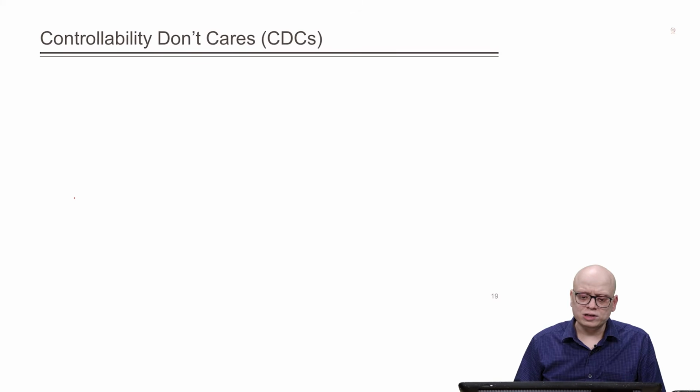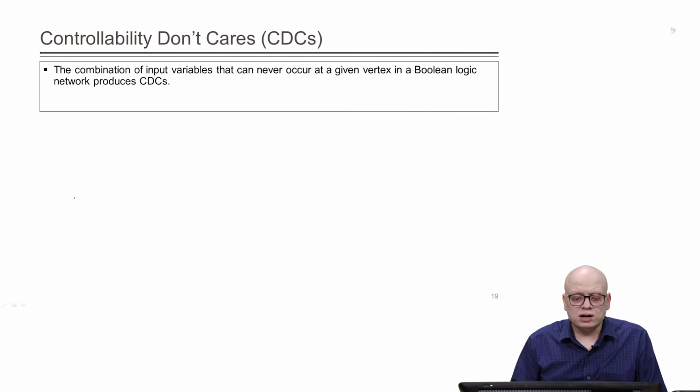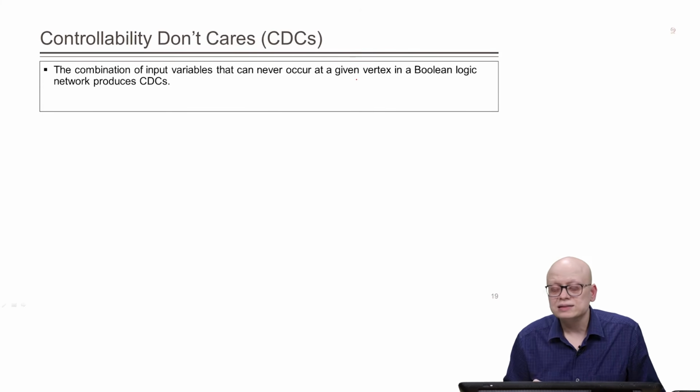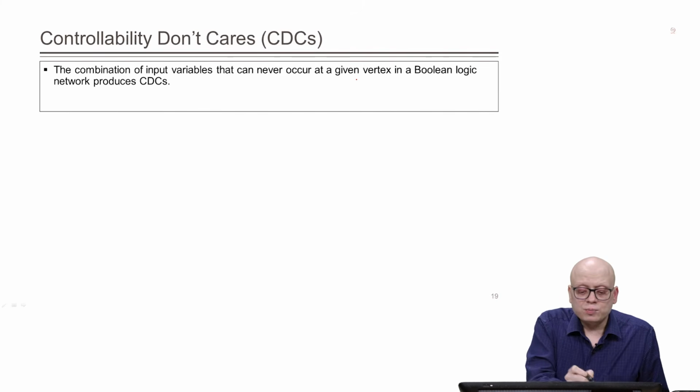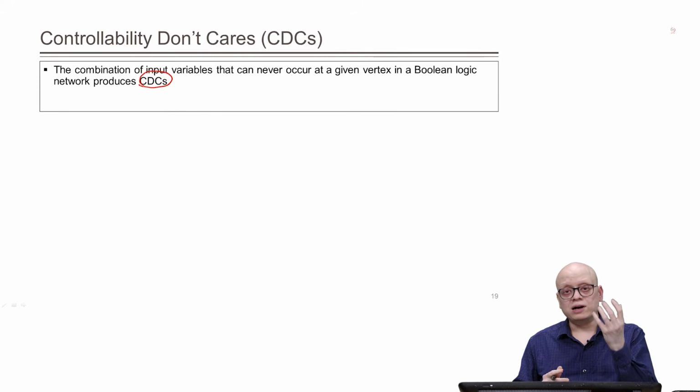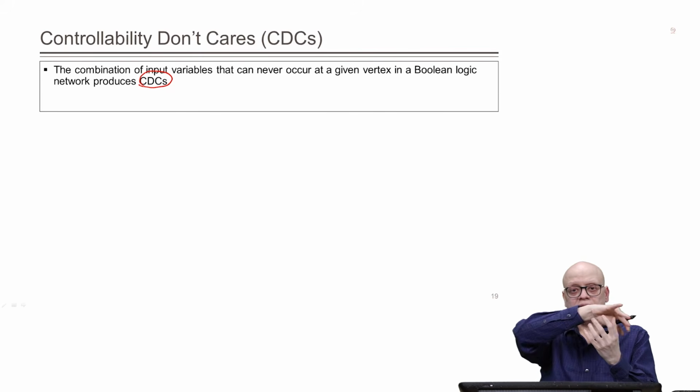So, what is a controllability don't care, or CDC? The combination of input variables that can never occur at a given vertex in a Boolean logic network produces CDCs. So, we have a vertex and the inputs are coming at it, right.